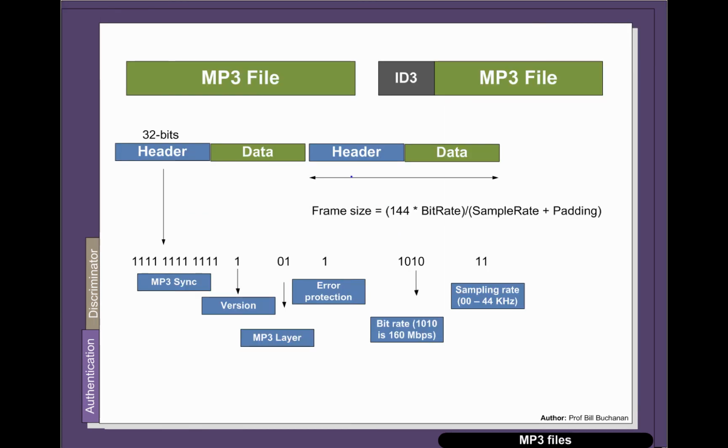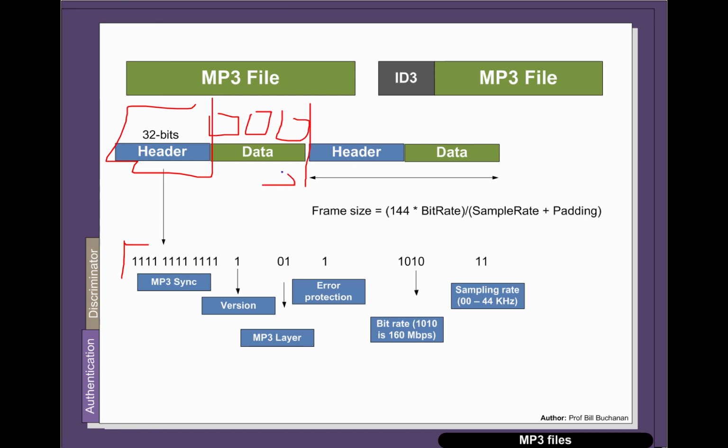Another example of a discriminator is with MP3 files. MP3 files store a whole lot of audio samples in a frame, and then we add on a header at the start of the frame, so that you can start whenever you want and synchronize.